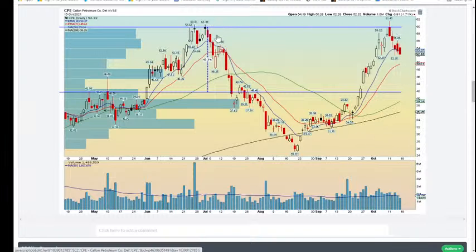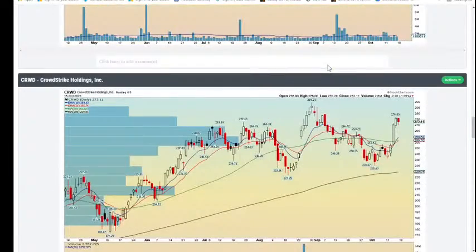But then we managed risk into this overhead supply in the previous pivot areas as you would like to do. At a 20% move, we would start to take profits, which we did on some of our positions, and then we just tried to let the trailers run with a 10E stop, which is what we did, and then you also could use a 21E if you're doing tiers out. But anyway, that was a great move and a great trade there.